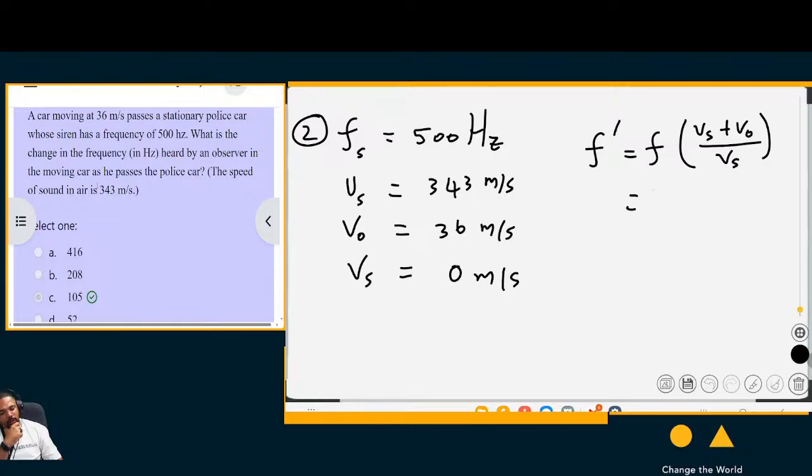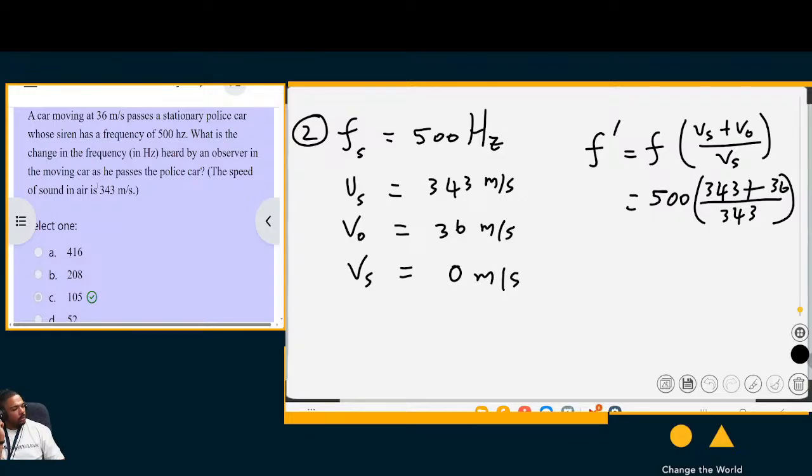So the actual frequency is 500 hertz. The speed of sound is 343, plus the speed of the observer, 36. The speed of sound is 343.